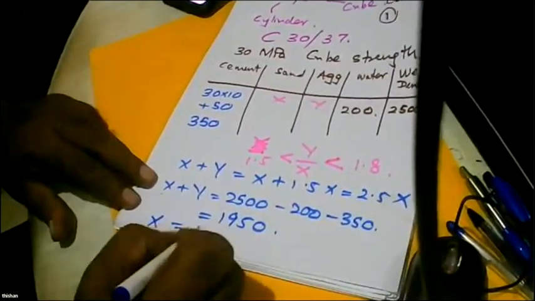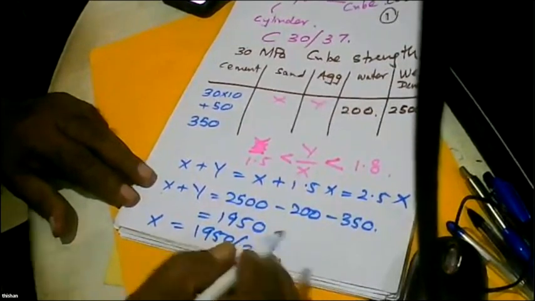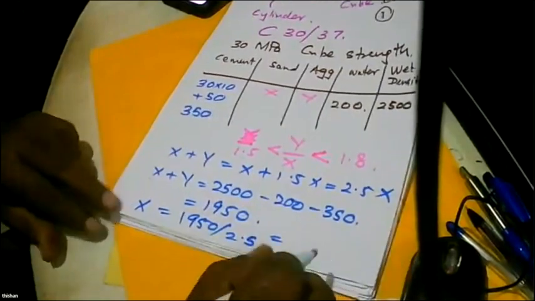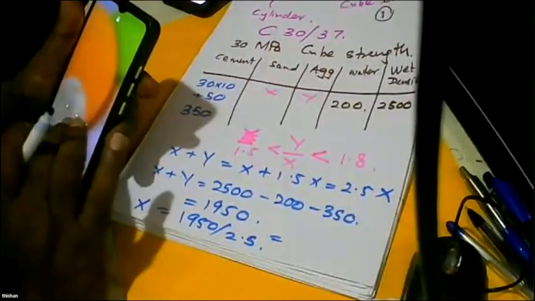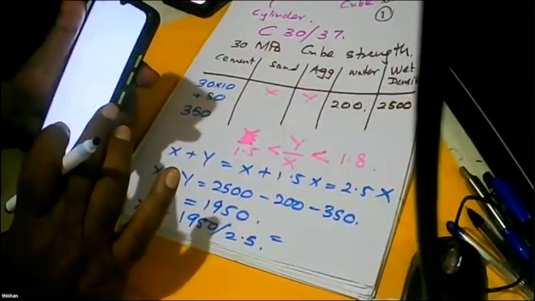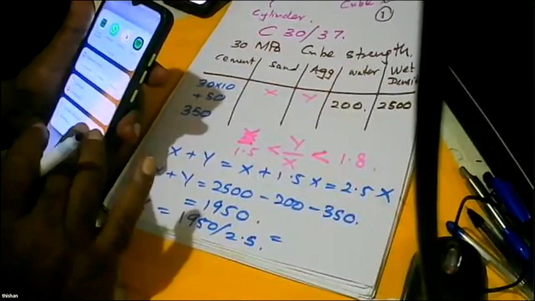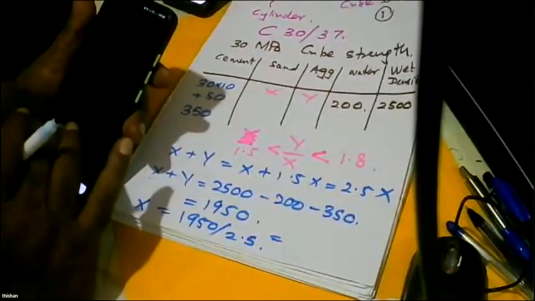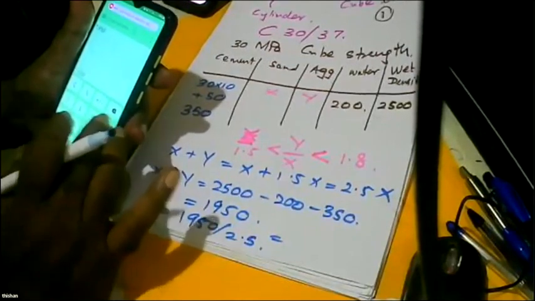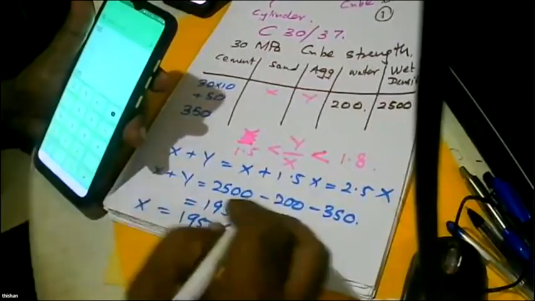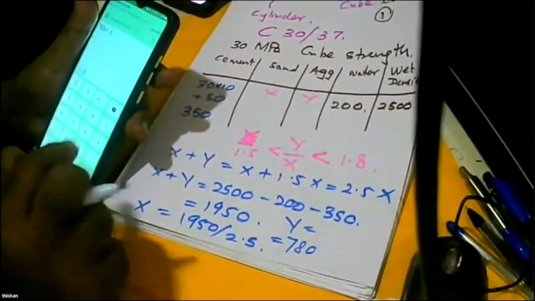And x is equal to 1950 divided by 2.5. What is the answer? 1950 divided by 2.5 is 780, which means y, multiplied by 1.5, is 1170.